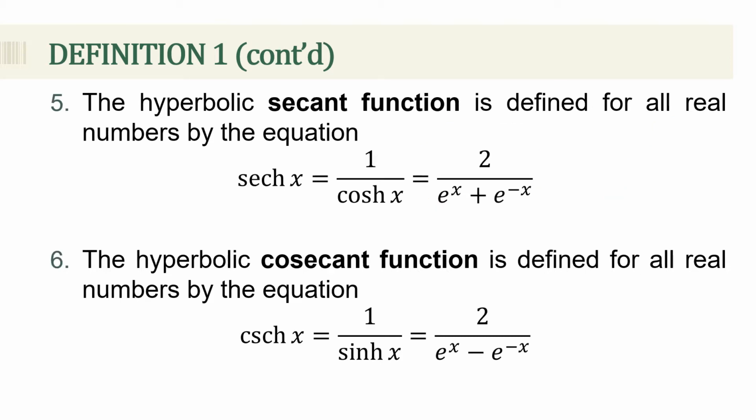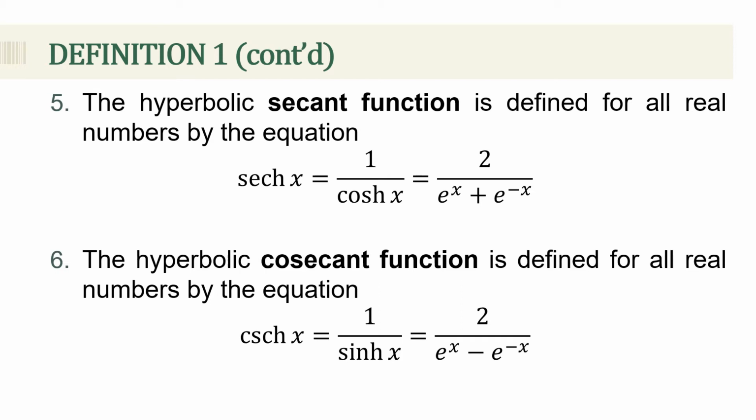The hyperbolic secant function is defined for all real numbers by the equation hyperbolic secant of x is equal to 1 over hyperbolic cosine of x. The hyperbolic cosine of x is just flipped, so it becomes 2 over e raised to x plus e raised to negative x.